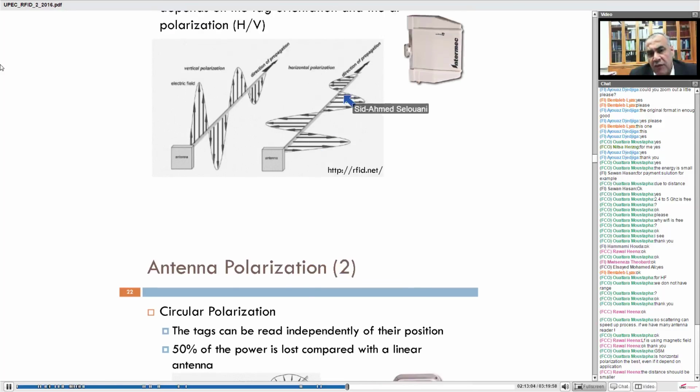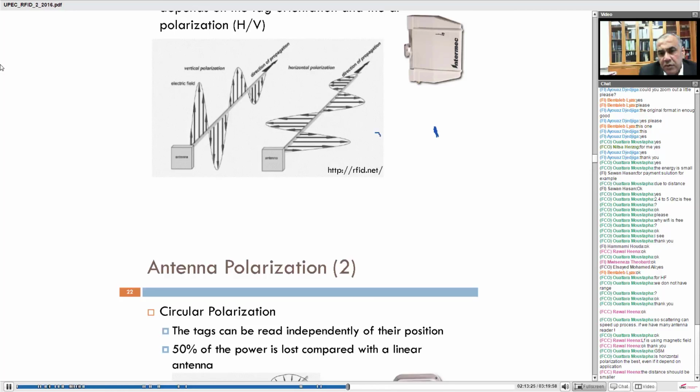It's concentrated. But with circular, your energy is lost because of this rotating movement, so you cannot go far. If you use linear, you can go far. You can read a tag at a long distance.